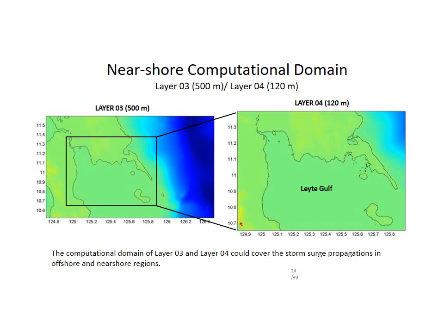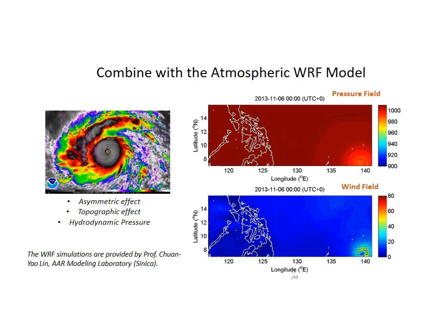The color bar shows the storm surge in the deep water regions. Also, the circle in the water is induced by the pressure gradient. When the typhoon center is closer to the Philippines, the wind shear stress effect will become more significant.